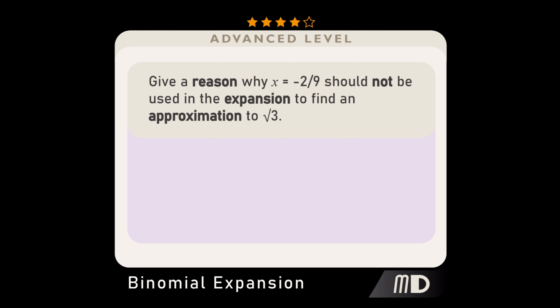For the binomial expansion, 1 plus z raised to the power of n, the expansion only converges towards a solution when the magnitude of the z term is strictly less than 1. For the expression 1 minus 9x raised to the power of 1/2, the z term is minus 9x.